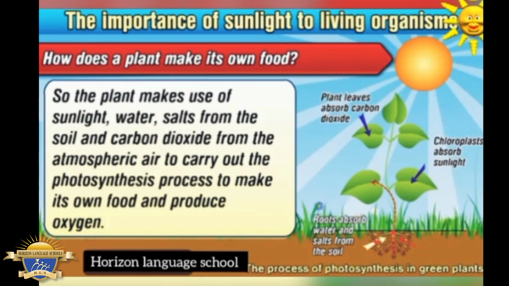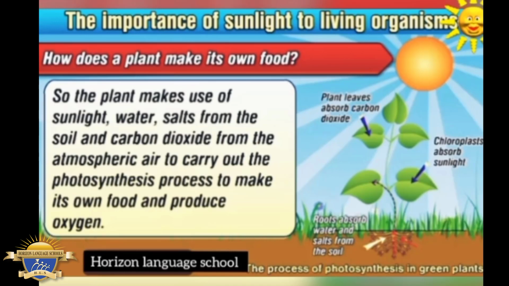So the plant makes use of sunlight, water, salts from the soil, and carbon dioxide from the atmospheric air. Why? To carry out the photosynthesis process, to make its own food and produce a very important gas called oxygen.